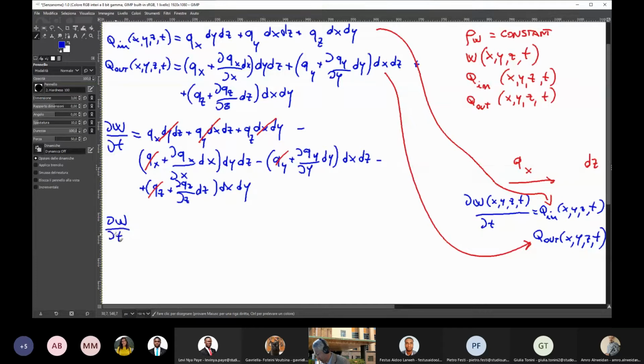Partial derivative of w with respect to time is equal to minus partial derivative of qx with respect to x in the x, dy dz, minus partial derivative of qy with respect to y in the y.